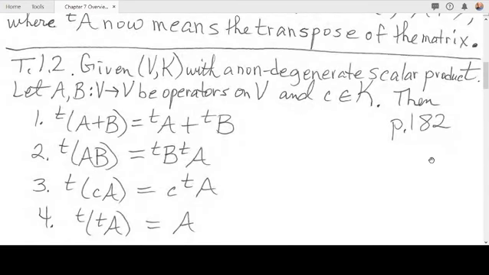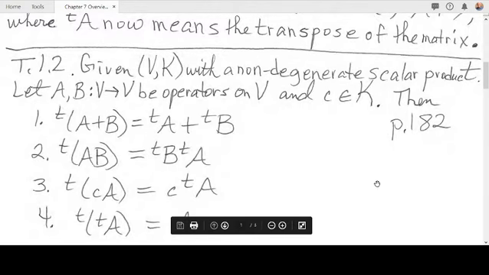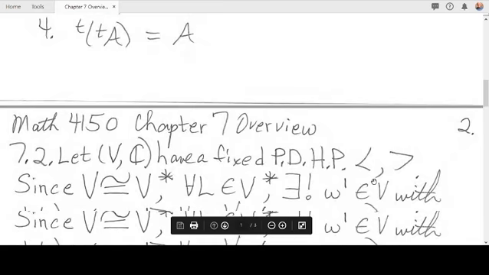Okay, theorem 1.2. Again, when we're given a vector space V over a scalar field K with a non-degenerate scalar product, we have these 4 properties that you're proving for homework: that the transpose of the sum of A and B is the sum of the transpose of A plus the transpose of B, etc. So you have those 4 properties that are very important and very easy to prove.